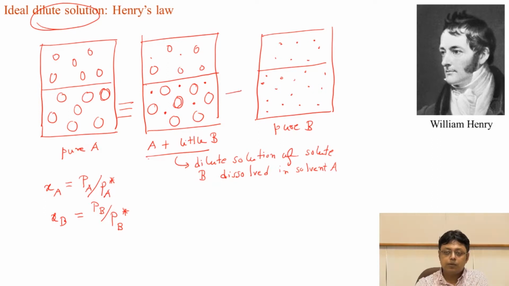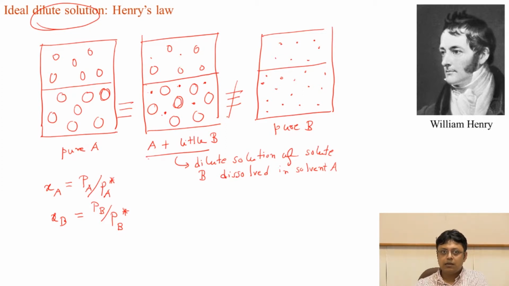However, from the solute's perspective, if you think that this condition is the same as the pure solute, that will be very much erroneous, because in the pure B form it is in much excess, whereas in the dilute solution it is in much less.